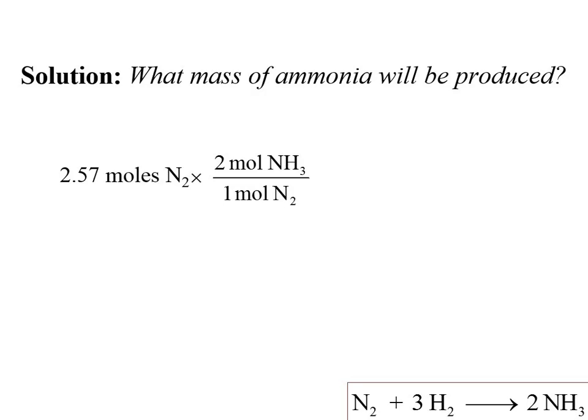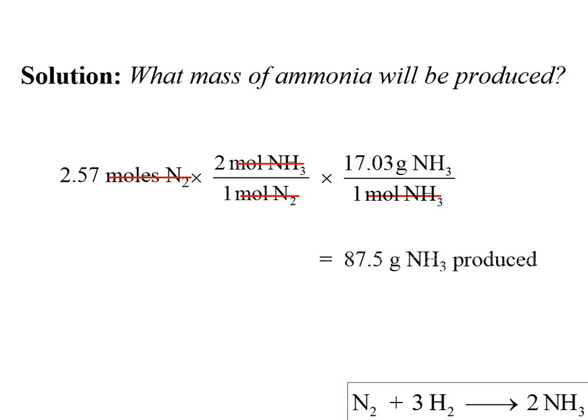But we want grams, so we need to go back a few slides and pick up the molar mass of NH3: 17.03 grams per mole. So 17.03 grams NH3 per 1 mole of NH3. And that should do it. So we have units of grams of NH3, which is what we're after. Round to 3 significant figures. Then the mass of NH3 is 87.5 grams.